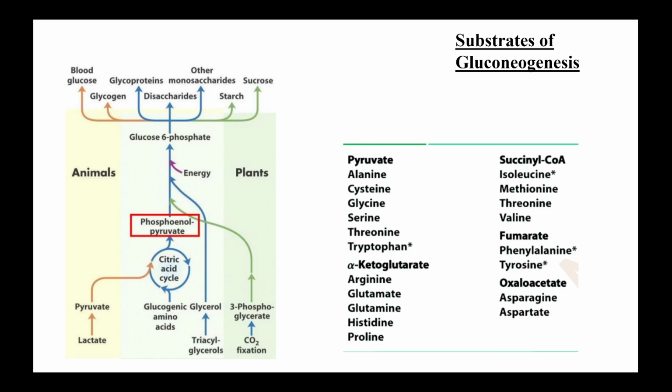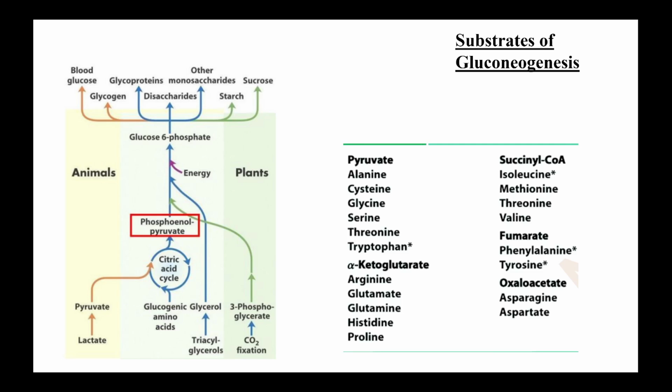Pyruvate will then get converted into oxaloacetate, and that can enter the citric acid cycle, and that can ultimately generate phosphoenol pyruvate. Similarly, isoleucine, methionine, threonine, and valine can get converted into succinyl coenzyme A, and that succinyl coenzyme A can enter the citric acid cycle.